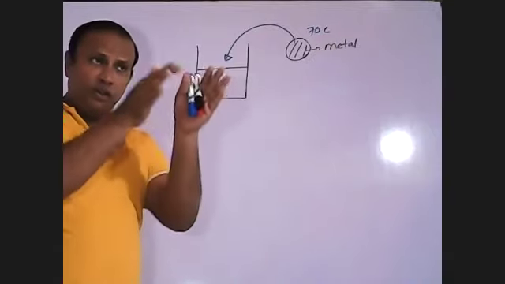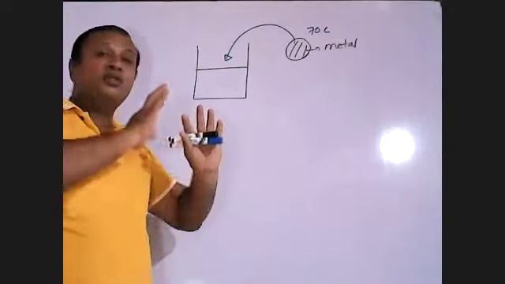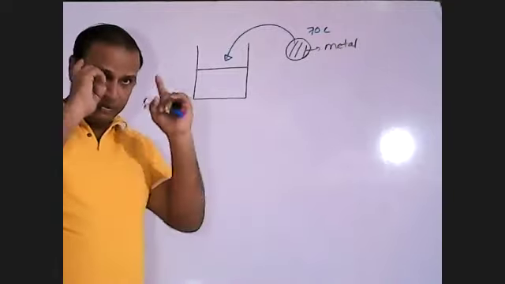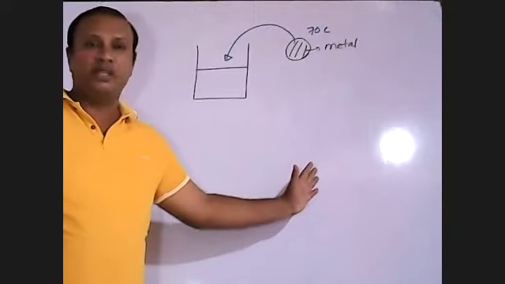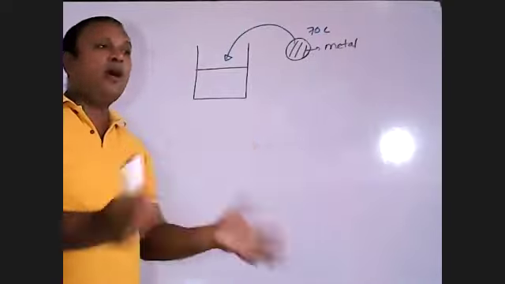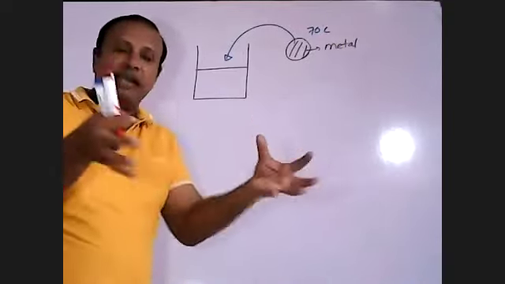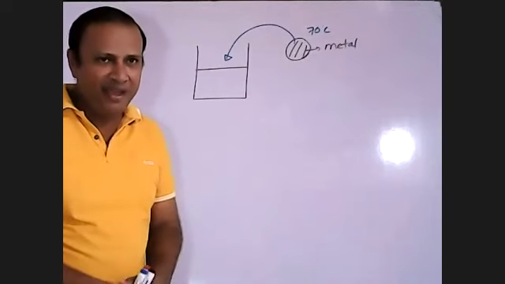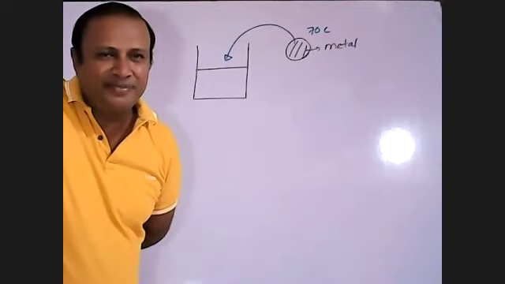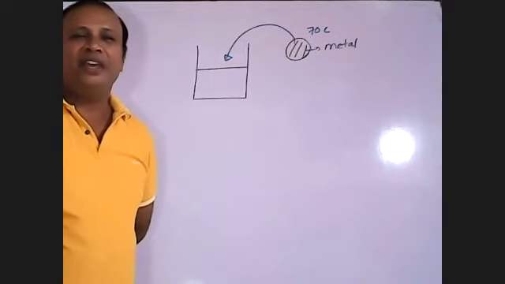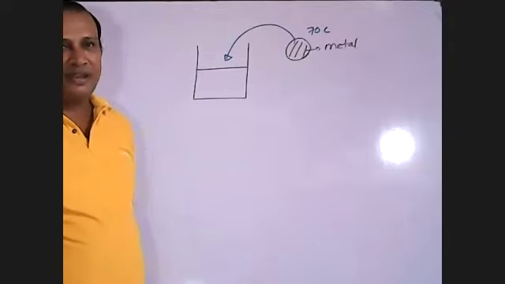So if there is no heat loss to the surrounding, listen to this very carefully, the heat released by this metal ball should be equal to the heat gained by whom? Very good. Water plus the calorimeter.